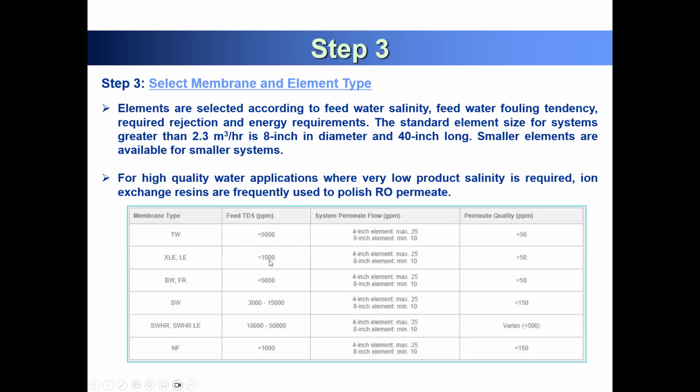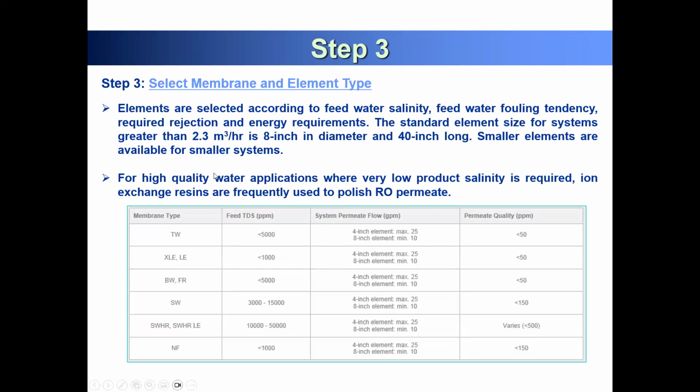Even they have less than 1,000. For example, some groundwater is mixed with saline water, and you have a little bit higher than your drinking water TDS guideline, which is 500 milligram per liter. So you need to remove additional salt.